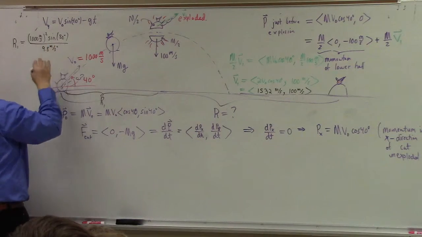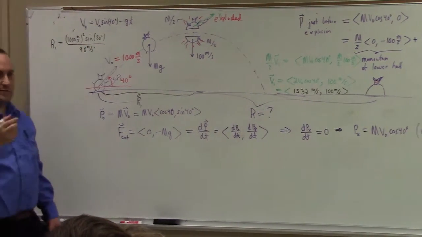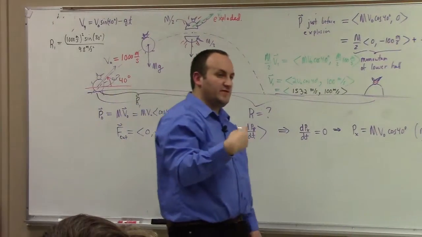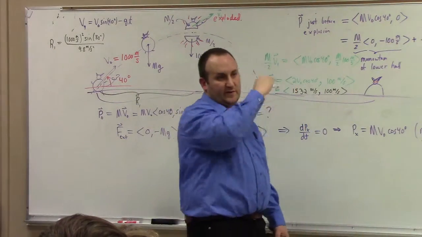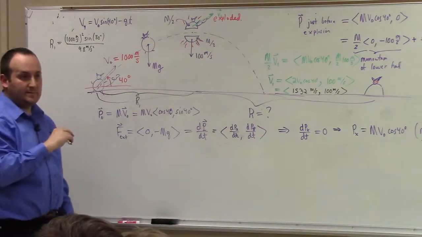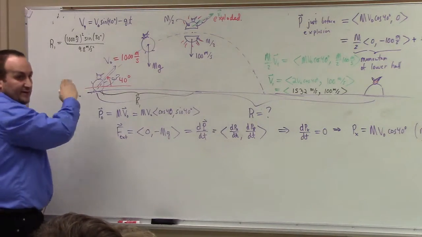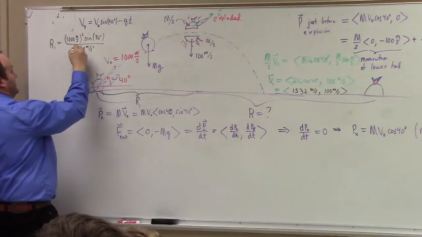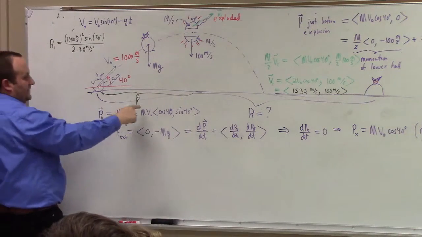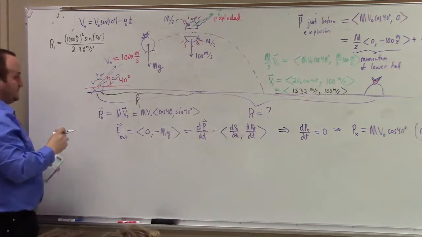Remember, v naught squared sine 2 theta over g gives me the range if I'm starting and ending at the same height. But I only want half of that, so I divide by 2. So R1 would just be that number.